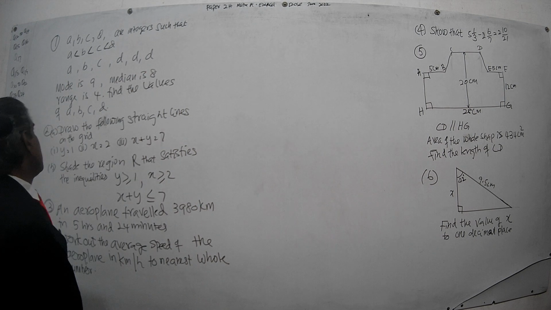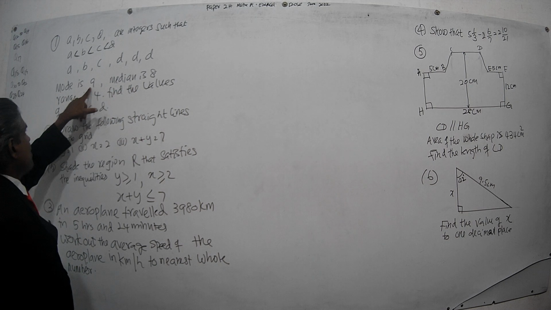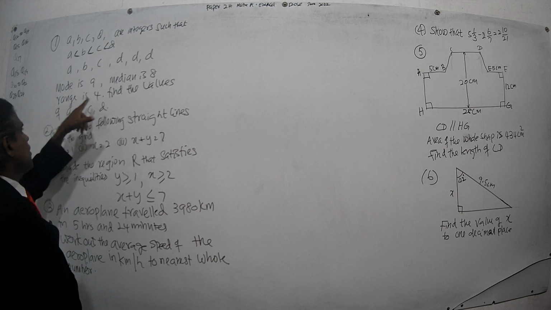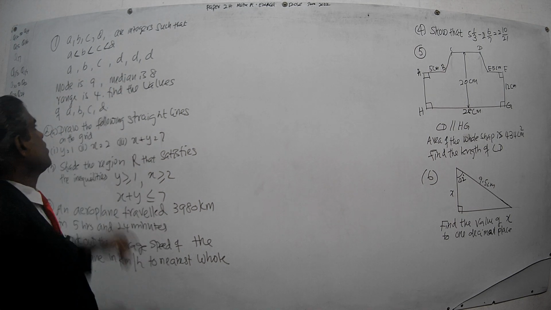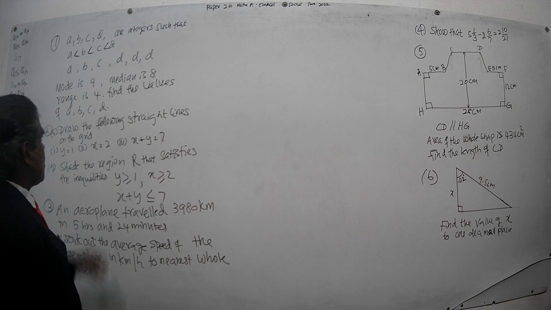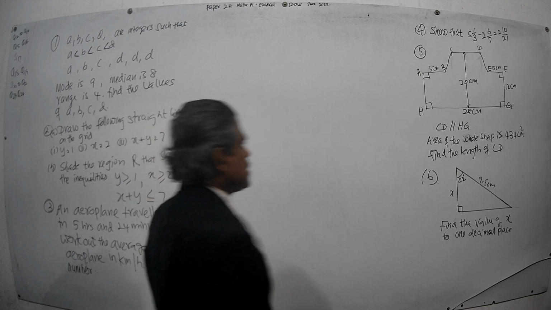Then they say the mode of this set of values is 9, the median is 8, and the range of these integers is 4. Find the values of A, B, C, D.